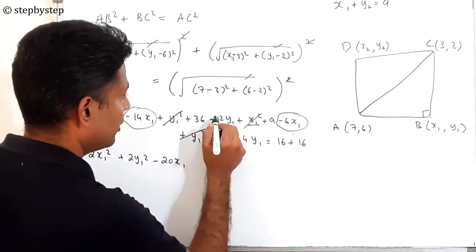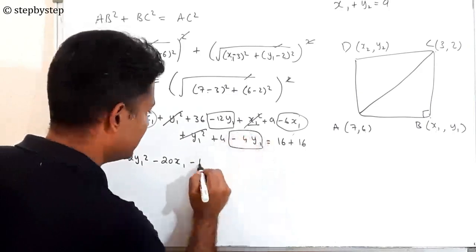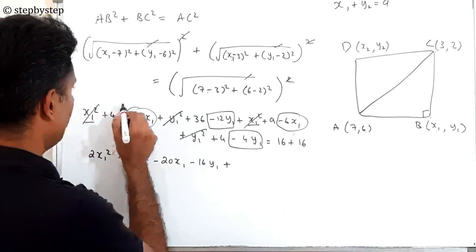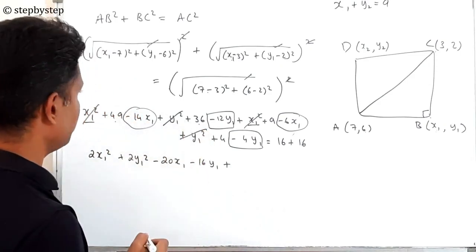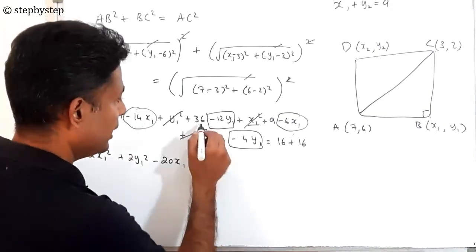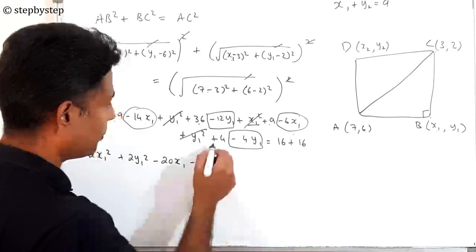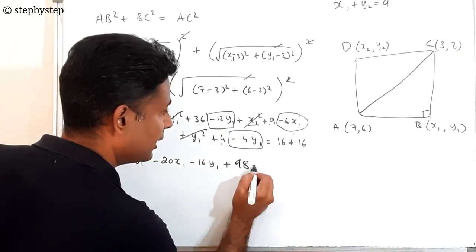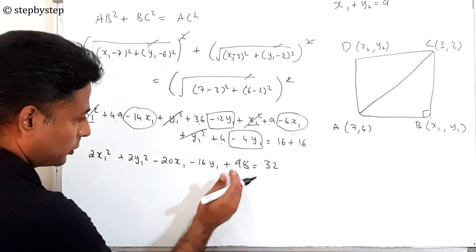Then we have minus 12y1 minus 4y1, that is minus 16y1. Then we have 49 plus 36, that is 85. 85 plus 9, 94. 94 plus 4 is 98, equal to 32. Now I'll transpose this on one side.